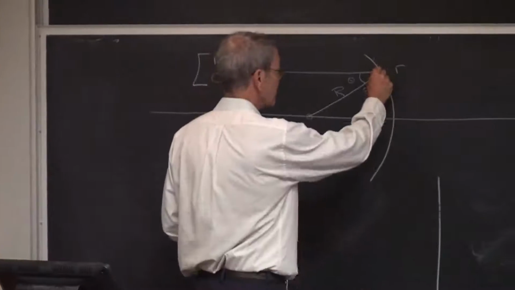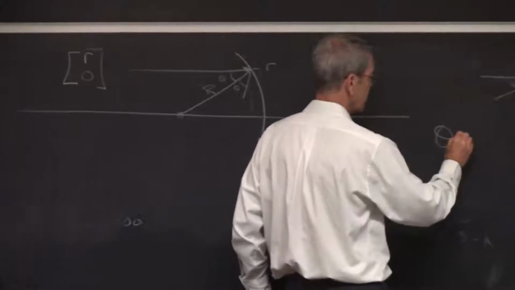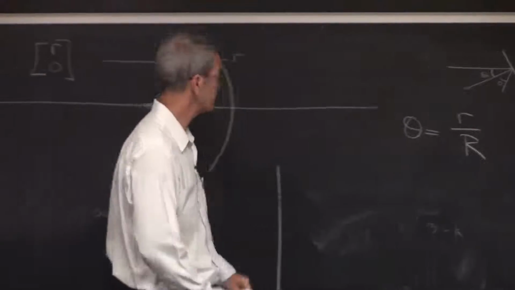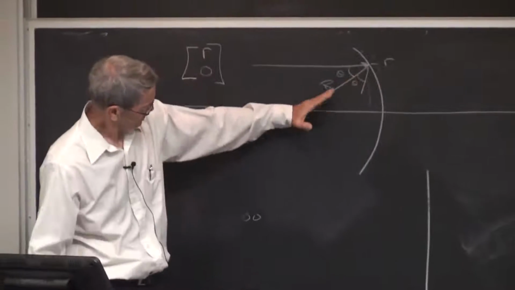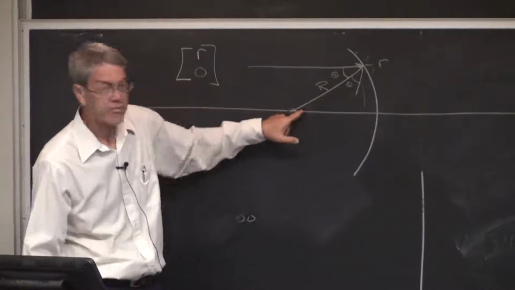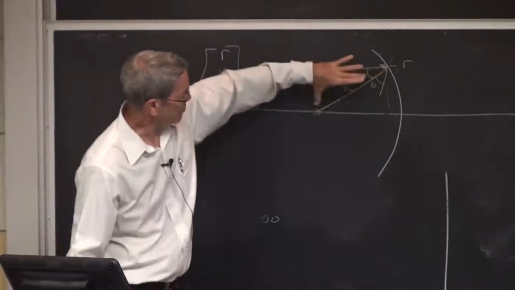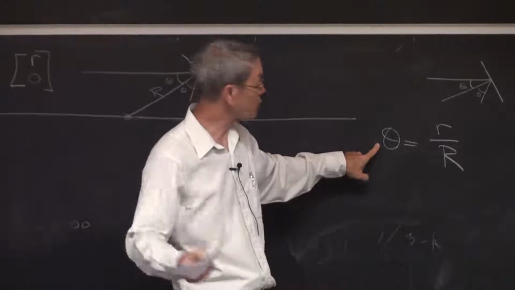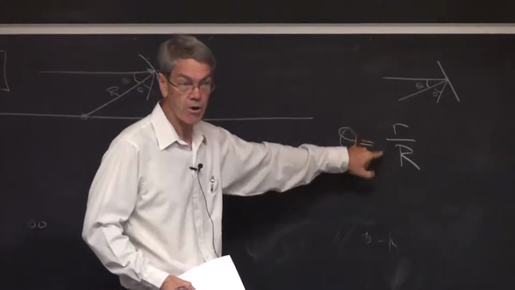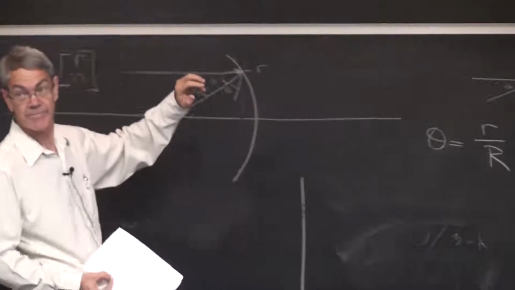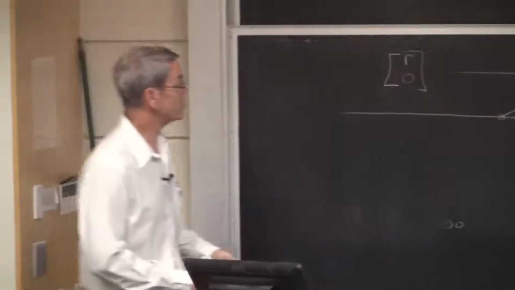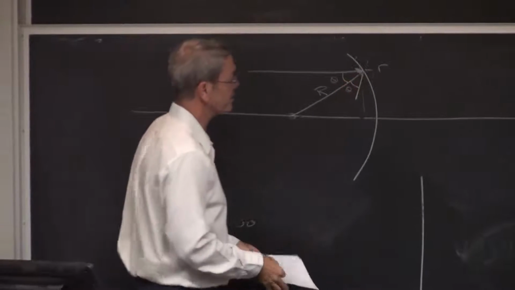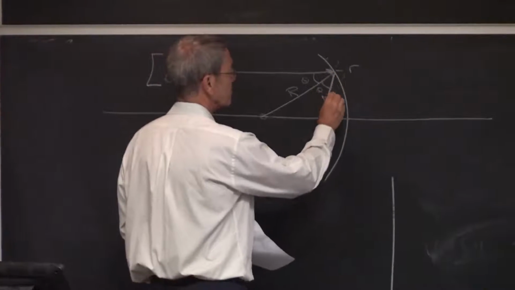So this angle theta is equal to r over capital R. Actually, the sine of theta is going to be little r over the hypotenuse, and sine of theta equals theta. That's where the paraxial approximation comes in. So here's my slope, r over R. Buy that? So I know this angle, and when it reflects, it's going to bounce down like that. Now I know the exit angle.